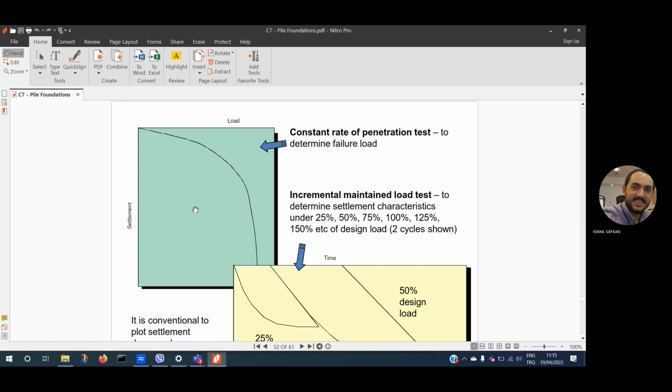So, in that case, you consider the settlement and you say 2.5 centimeter, for example, 5 centimeter. If this is your limit, then your maximum strength can be only this much, not number 3.